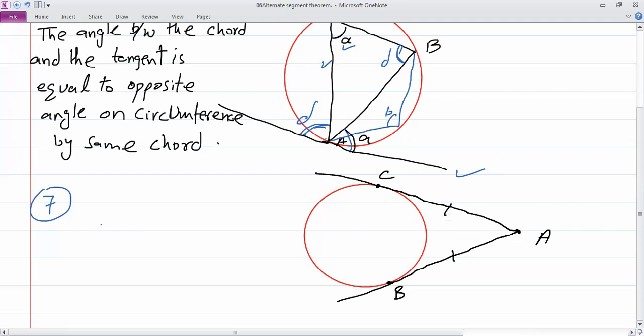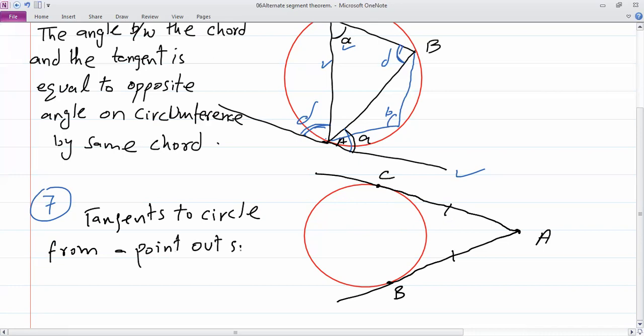So what we will say? We will say the tangents to a circle from a point outside the circle are equal.